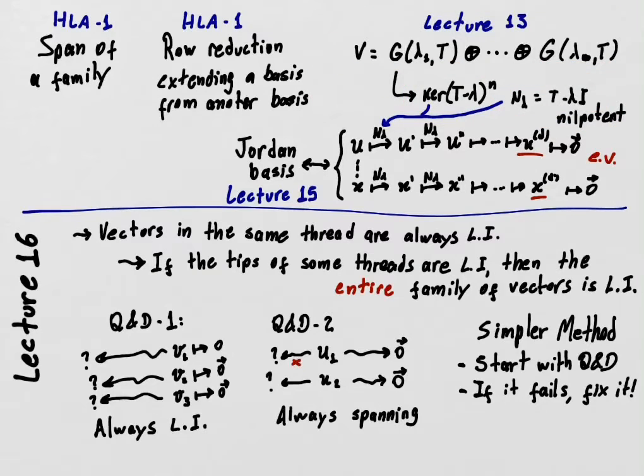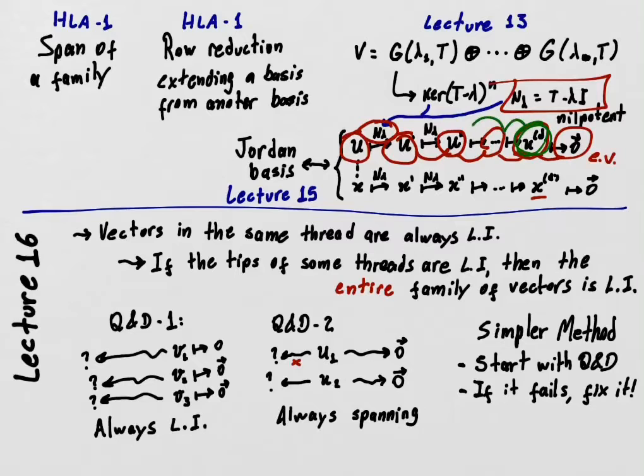How did we do that? Well, think of the Jordan basis as a collection of threads. You have a vector, and then when you apply this nilpotent operator N_lambda that I define like this for convenience, you get another vector, and then you can apply it again. You get another vector, you apply it again, you get another vector, until finally you get 0. When you get 0, it means the previous vector was an eigenvector, and all the ones before it were generalized eigenvectors that satisfy the equation T v_j = lambda_j v_j + v_{j-1}.